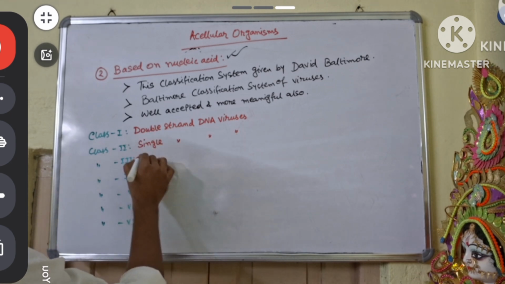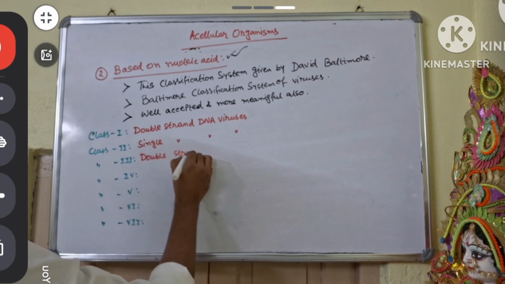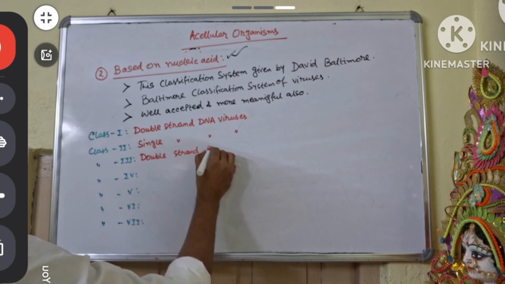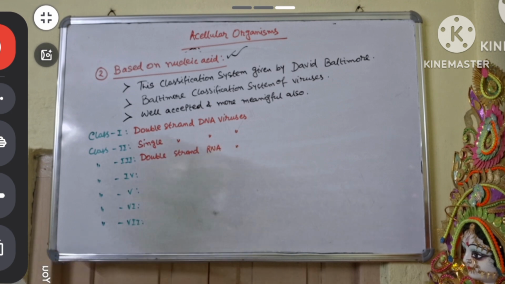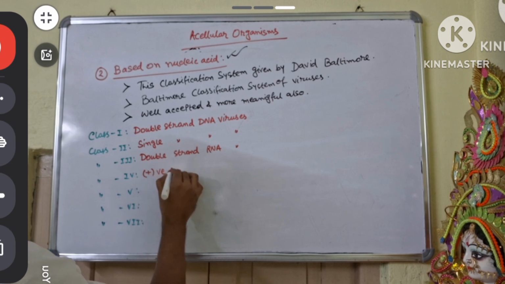Class 3, double strand RNA virus. Class 4, positive sense single strand RNA virus.